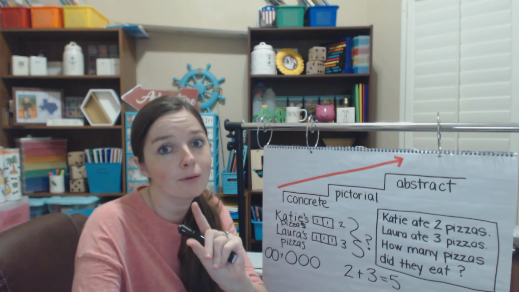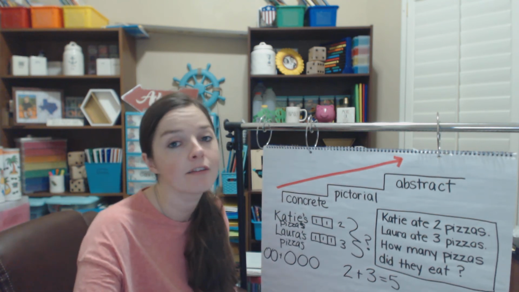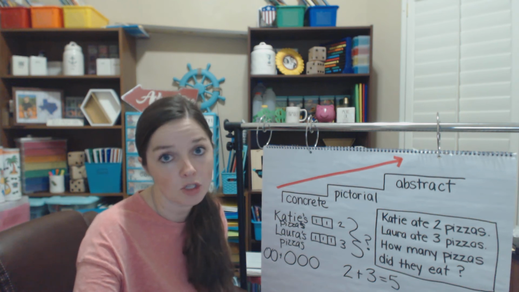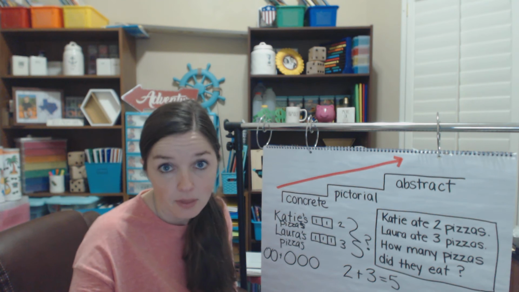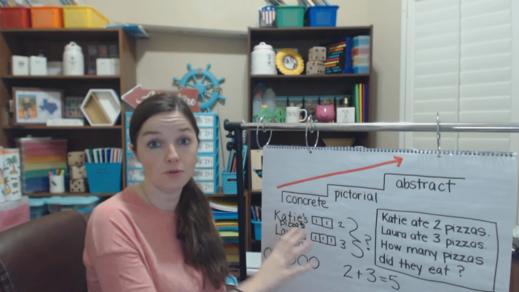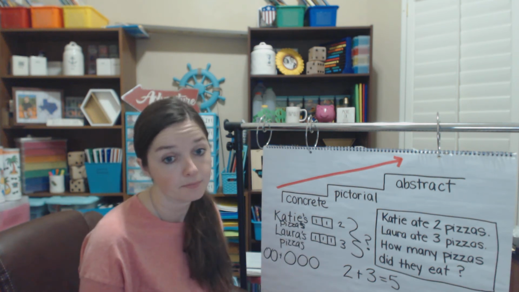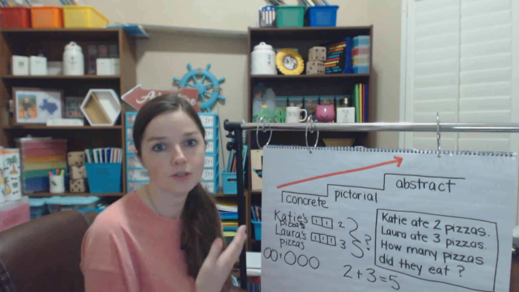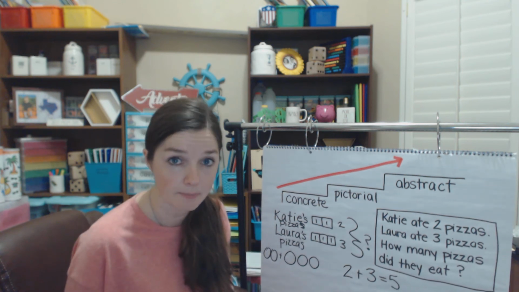It is very critical that I tell you this next thing because this is very, very common in elementary classrooms. Because of the lack of time, we tend to bypass the first 2 stages and go straight to the abstract. And you're doing your students a disservice when you skip those 2 steps.